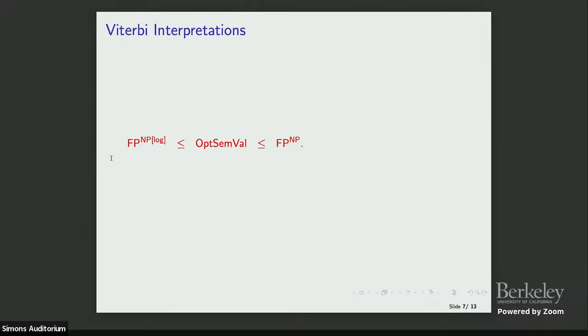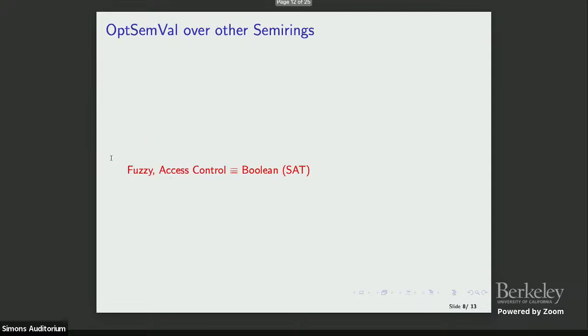And we give an algorithm which runs in polynomial time with SAT queries. That's the main result, so to say. We could show other things too. For other more finite cases like access control, this boils down to being equivalent to SAT, so it's nothing additional in terms of complexity.